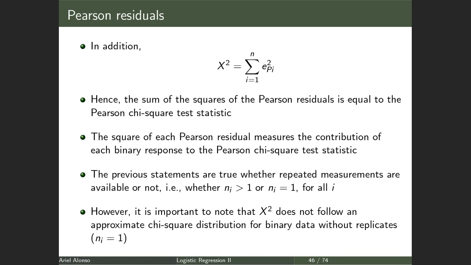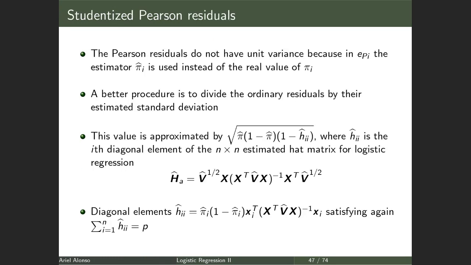I cannot use a chi-square distribution anymore, but I know large Pearson chi-square values give me evidence of lack of fit. And through the Pearson residuals, I can see more or less which observations are contributing to the lack of fit. But in general, it's important to know that if you don't have repeated measurements, the interpretation of this needs to be careful.